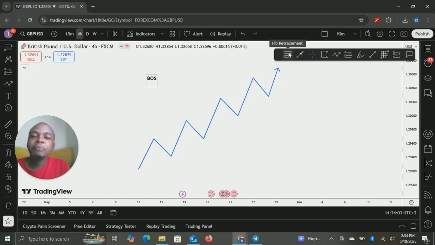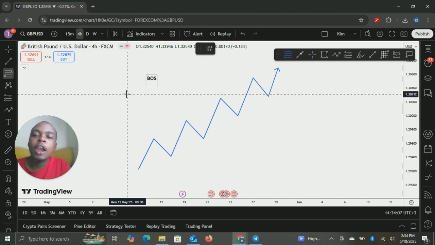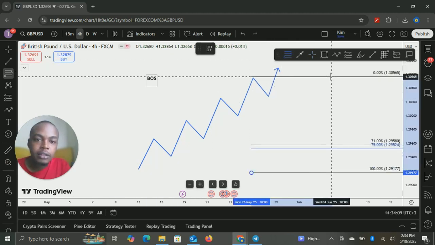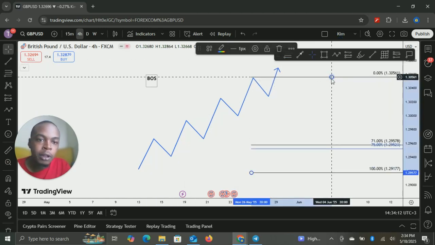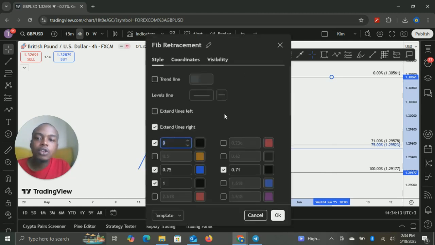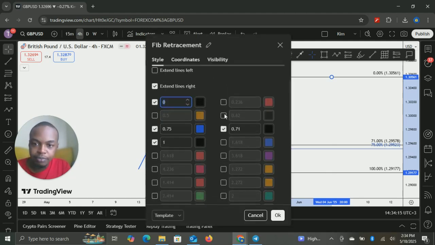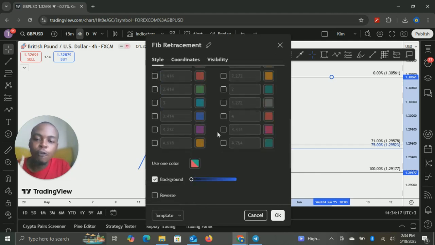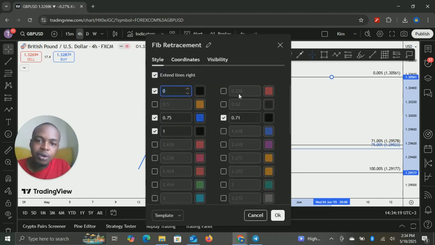Okay, so a fib tool consists of a lot of coordinates, a lot of points. Let's just draw. This is my fib tool. You can see here there's 0, 0.2, 0.5, 0.6. A lot of people use the fib tool differently with different points.